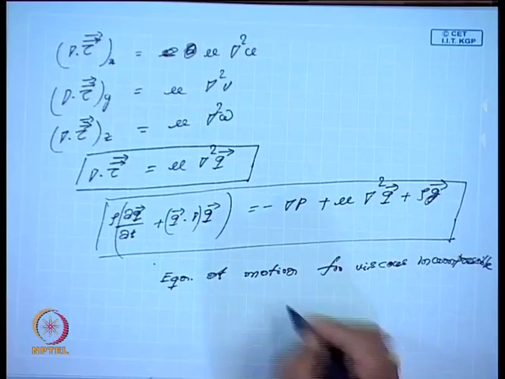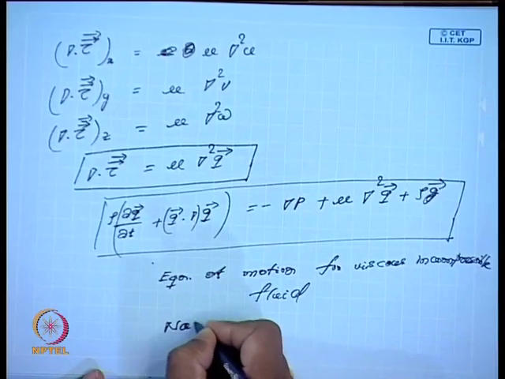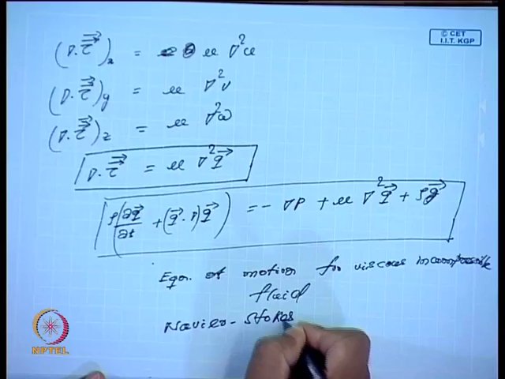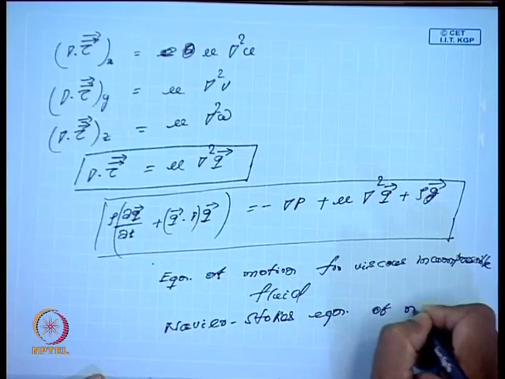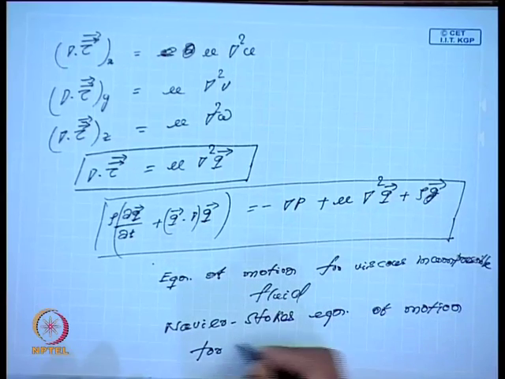Sometimes we call this the Navier-Stokes equation of motion for incompressible viscous fluid.